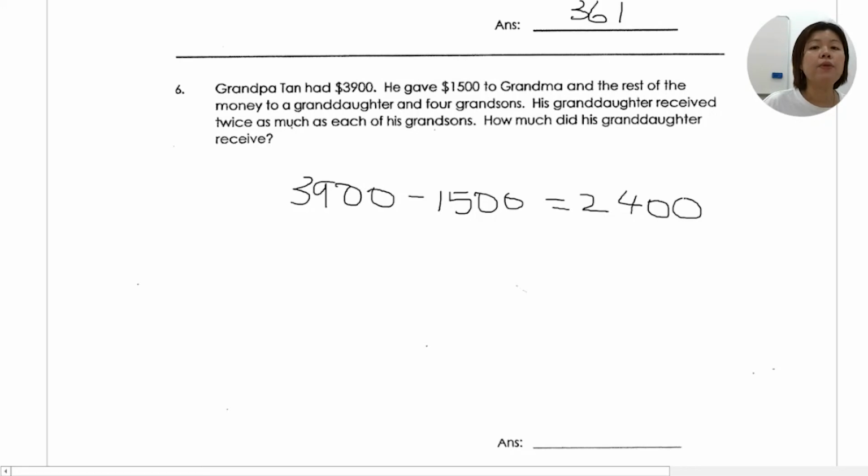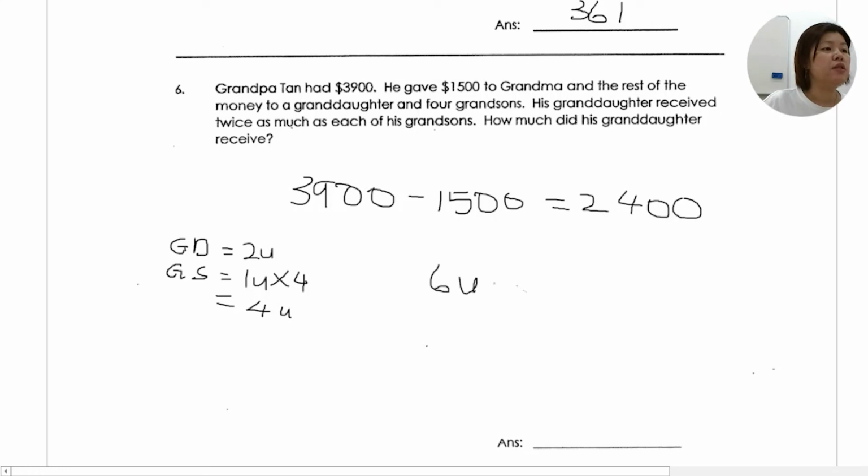Since the granddaughter received twice as much, the granddaughter equals 2 units, and then the grandson will be 1 unit. But there are 4 grandsons, so we times 4, which equals 4 units. So total 6 units is actually 2,400.